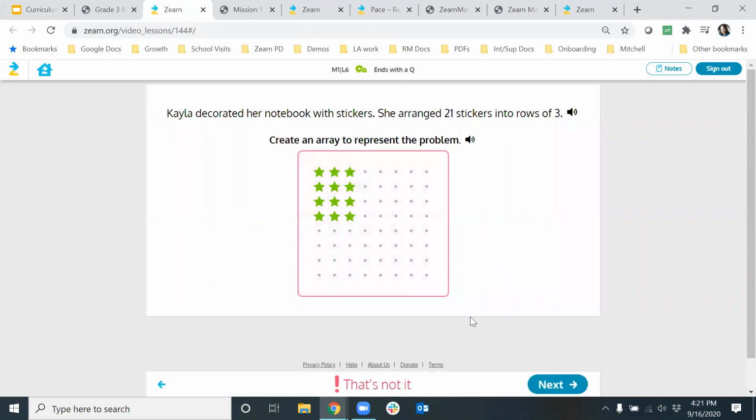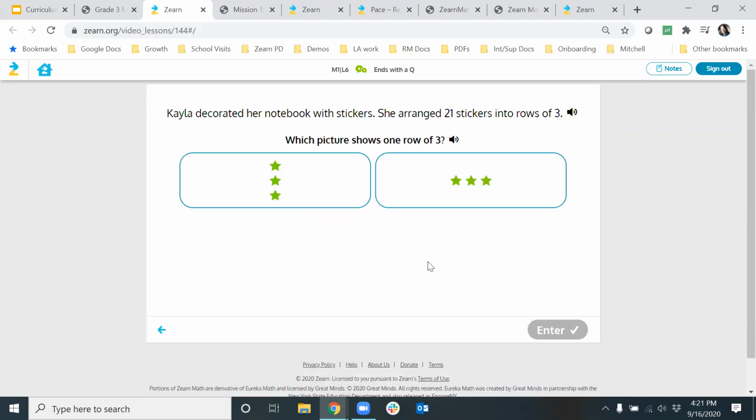At this moment, now that I've struggled twice and continue to struggle, I'm going to receive scaffolded support to help break down this problem. First, it helps me identify and think about what 1 row of 3 would look like.